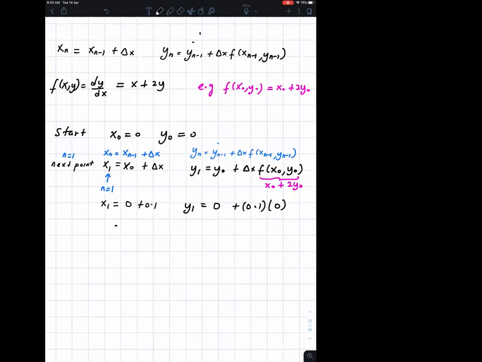Therefore x1 is 0.1 and y1 is 0. These values are needed to calculate the next point, when n equals 2.